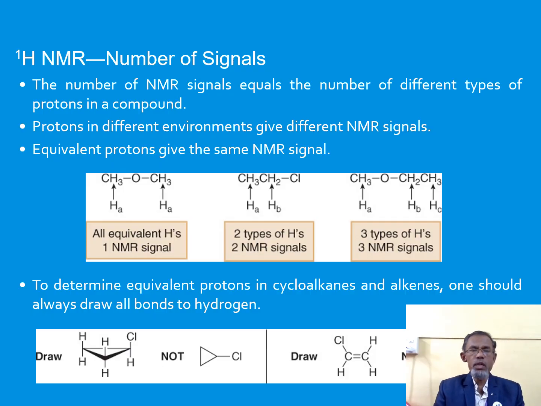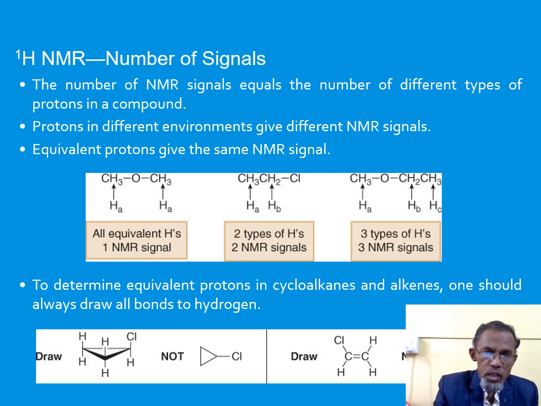Now look at the word equivalent. When we introduce the term equivalent protons, there should also be non-equivalent protons in the molecule. In order to justify that, here I have put one example: the ether molecule CH3OCH3.